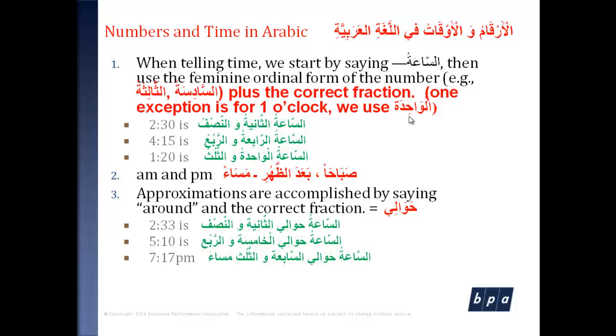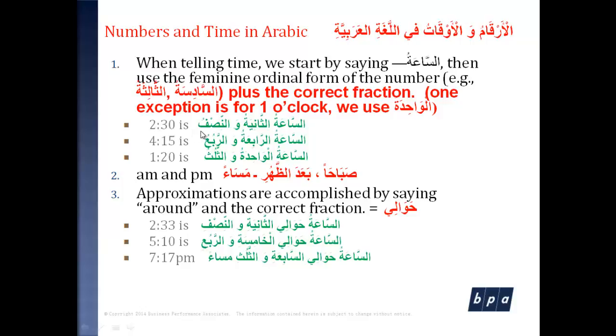We do not use that. We use الواحدة. واحد is 1 when we are counting, and الواحدة means the one. We put the تاء مربوطة at the end to indicate the feminine form. So we say الساعة الواحدة for 1 o'clock.